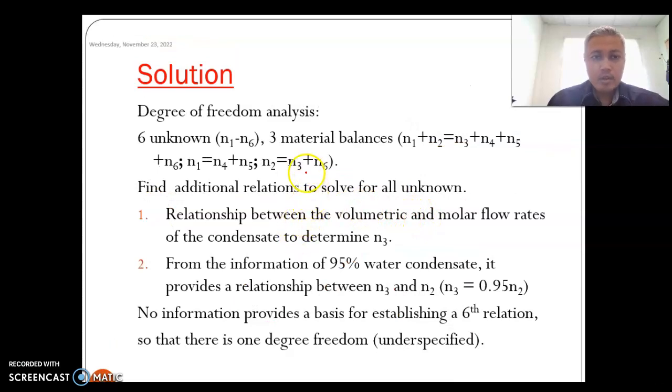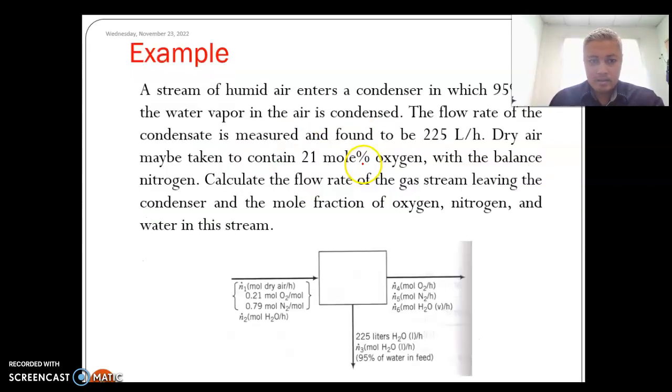So from previous slide we know that we have 6 unknown, right? That means we need to have 6 independent equation. So what we have previously is we have 3 material balance. Let's look at the flow chart again. Okay, so we have mass balance for this part, where we have first the total mass balance, where we have N1 plus N2 equals N3 plus N4 plus N5 plus N6.